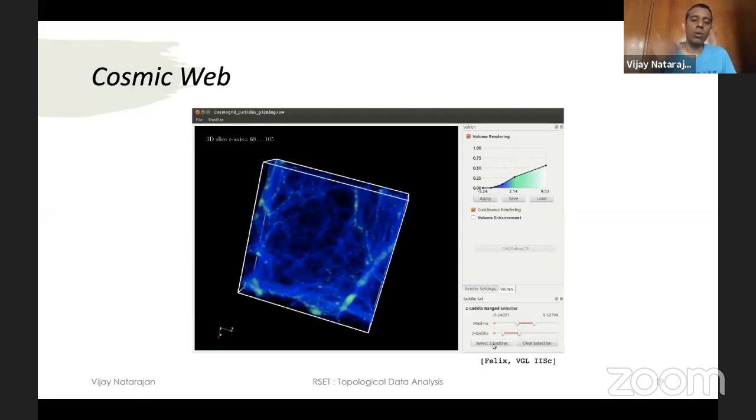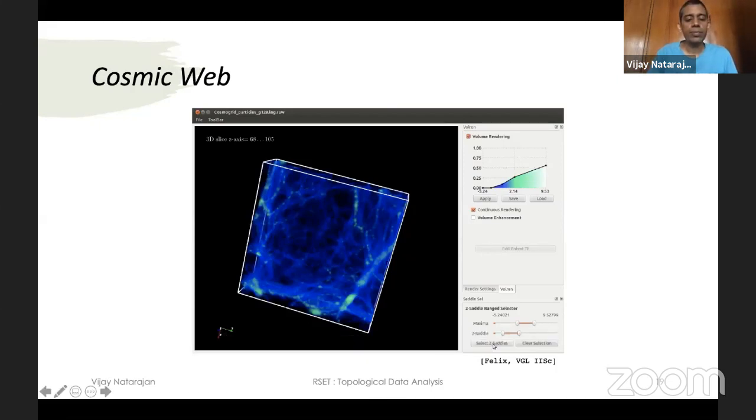So we had to identify the maxima that are not relevant and remove them. So there was a lot of analysis that had to be done here, right? But the end result was that you could produce a useful visualization of the large-scale structure of the universe. So let me play the rest of the video and then we'll go on.